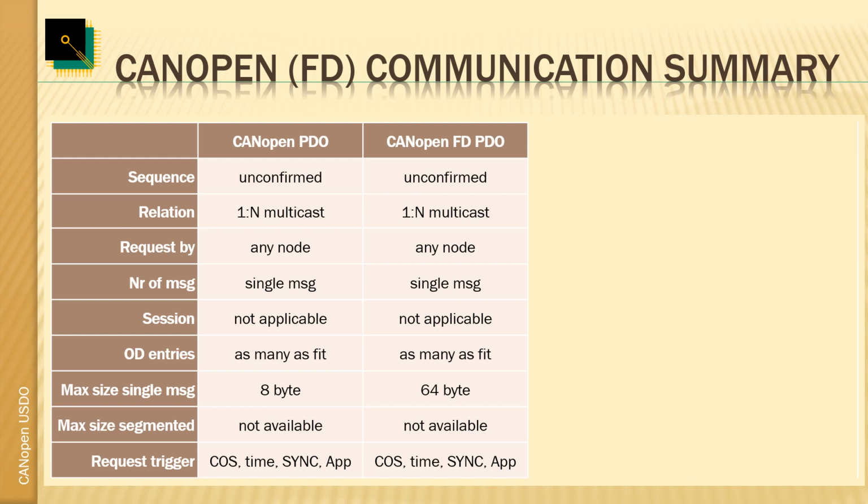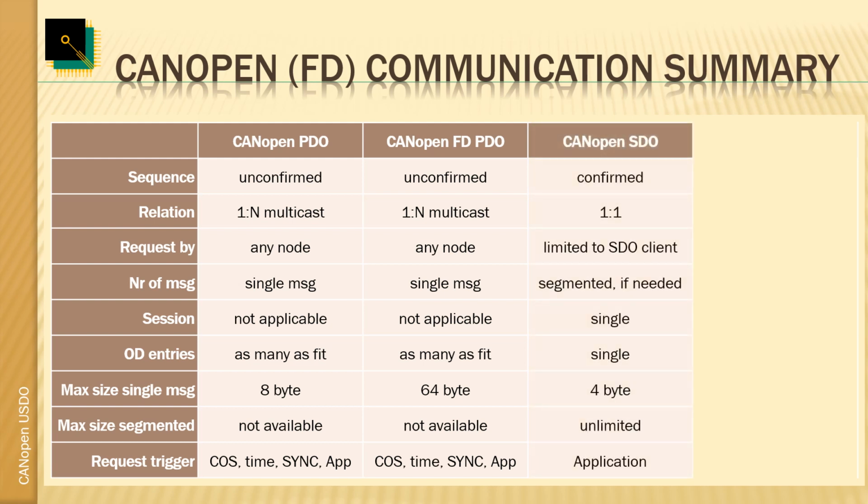And in regards to the triggering, PDOs can not only be triggered by the application, there can also be various automated triggers: change of state, time, sync, and sync with a counter. The CANopen SDO is a confirmed one-to-one communication method. It can do segmentation when needed, limited to 4 bytes of data when doing an expedited, so a single request and response.